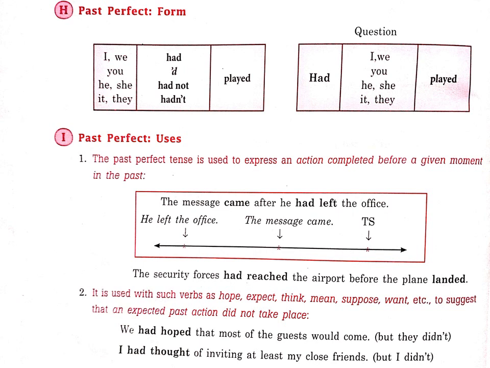These sorts of verbs are used with past perfect, right? See the next example. I had thought of inviting at least my close friends. That's very important. I had thought. So you just need to see these verbs are very important to memorize, right, everyone? So you all will memorize all these sorts of verbs.